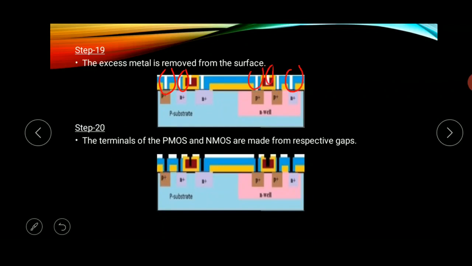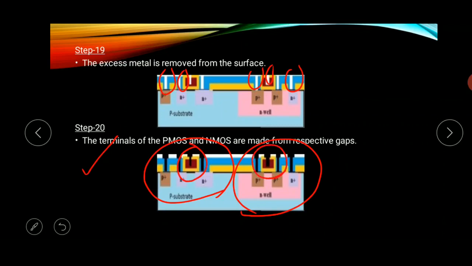Okay. Then in step 20, the terminals of PMOS, NMOS are made from respective gaps. Then we assign the names of the terminals of NMOS and PMOS. So this one is the NMOS part, this one is the PMOS part. Then this is the gate of the NMOS, this one is the gate of the PMOS.